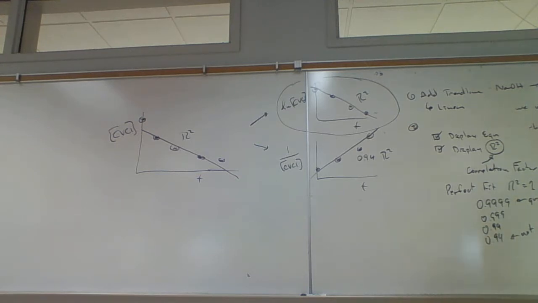The way this should behave is predictable. So if the natural log of the concentration versus t is linear, then it is first order in crystal violet chloride.